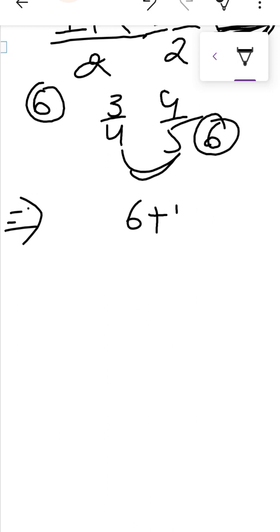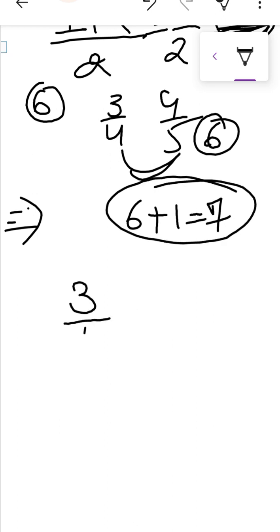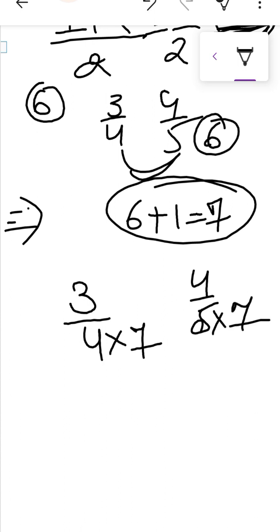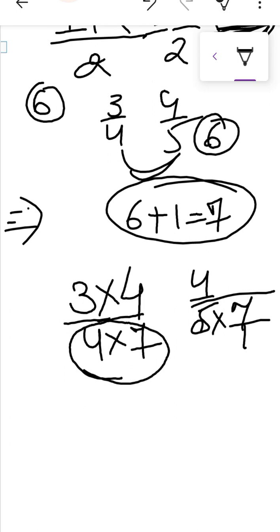the alternate method. Suppose you have to find six rational numbers, right? So six plus one, that is seven. Okay, so multiply 3 by 4 by 7, and 4 by 5, 5 will be multiplied by 7. Wait, you cannot multiply like this. If you are multiplying 7 in 4, you have to multiply 7 in 3.